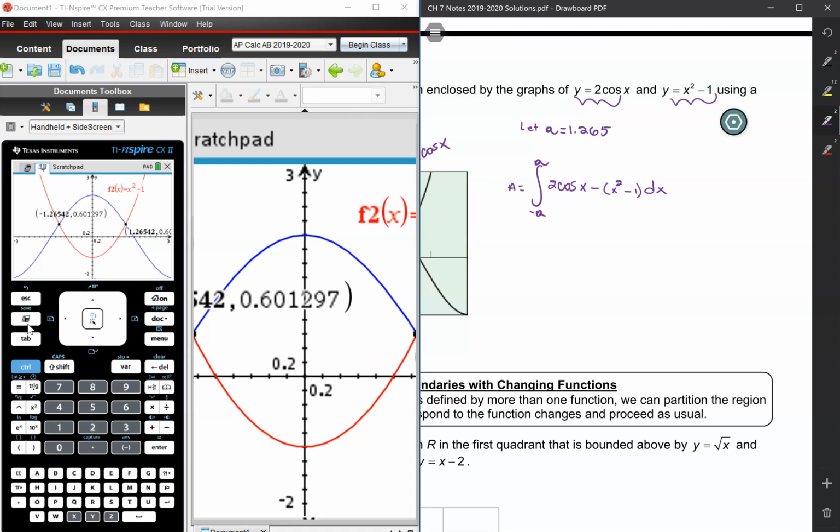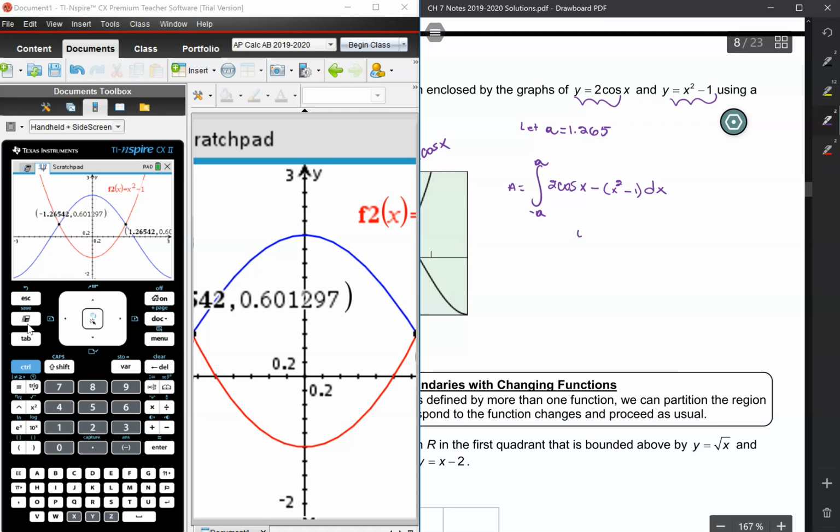Dx. Now, there is another beautiful thing with this. Do you see how this is symmetric? So you could have also done area equals 2 times the integral from 0 to A, 2 cosine x minus x squared minus 1 dx.